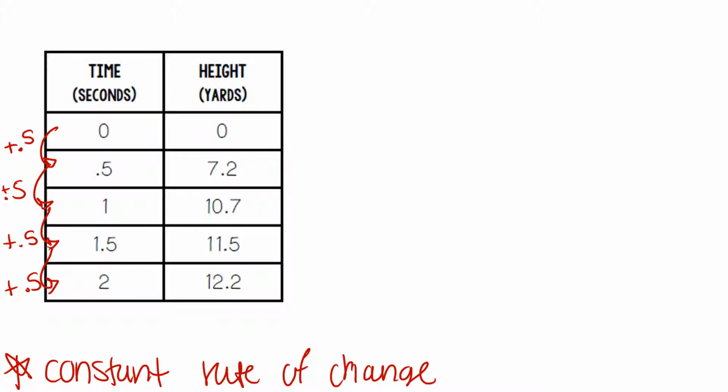We're going up 0.5 on that side. 0 plus 7.2 is going to give us 7.2. 7.2 plus 3.5 is going to give us 10.7. 10.7 plus 0.8 is going to give us 11.5.